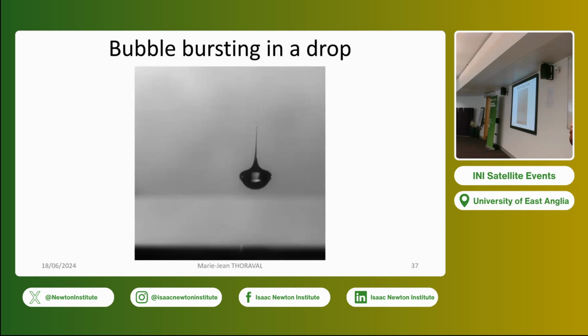We had a similar problem for a water drop in oil, but in that case the density difference is smaller, so we could find some trick to change the position of the drop at the beginning. But for the bubble it's very difficult, because the way the bubble is released is when the liquid pinches on the central needle.